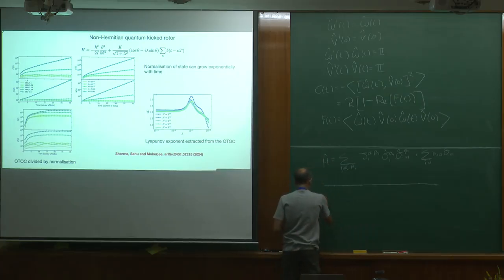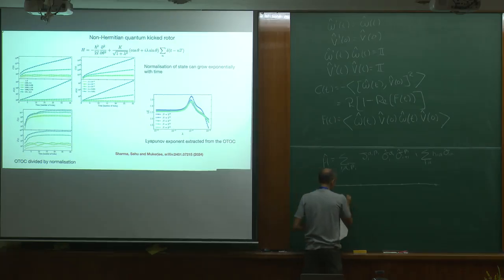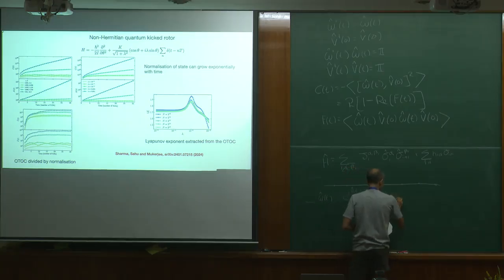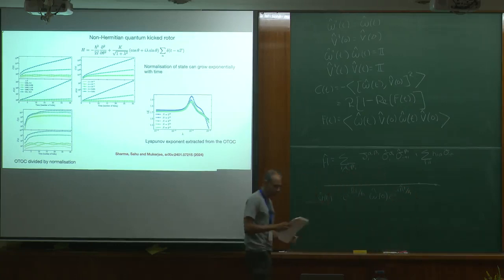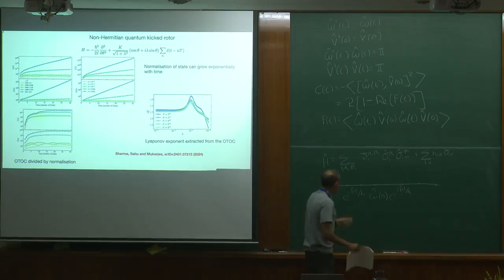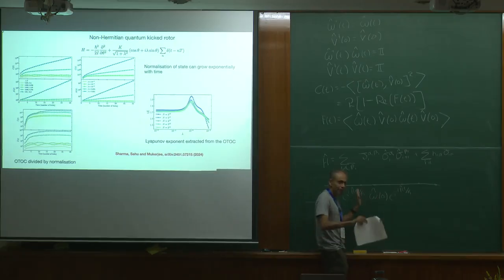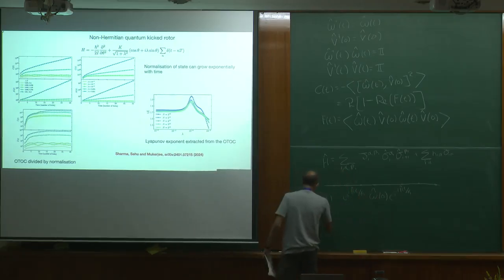Okay, so we know that W hat of t is just going to be e to the i H hat t by h bar times W hat of 0. So one can actually expand the exponential on this side and this side, combine terms, and then write down W hat as an infinite sum over these operators, and that particular infinite sum has this form.